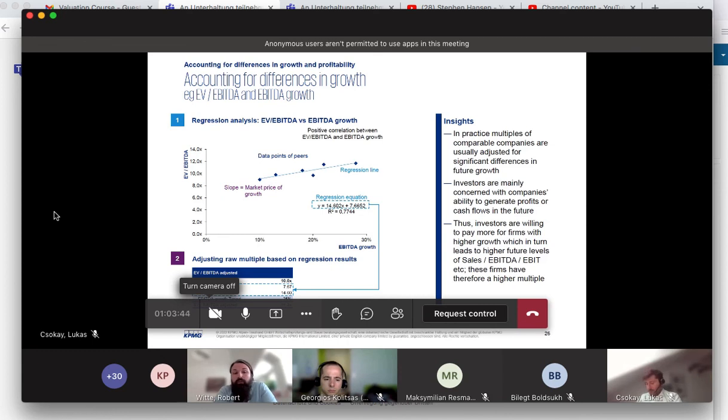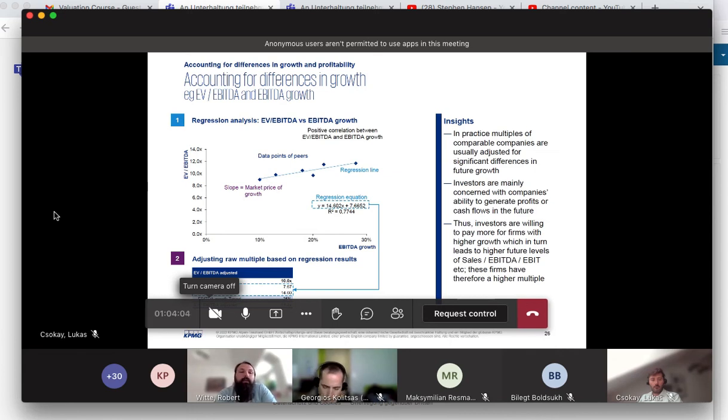However, you want to account for differences in growth, because again, you can imagine two companies, both having a revenue of 100. One has an EBITDA of 20, the other of 50, and then you calculate the EBITDA multiple.